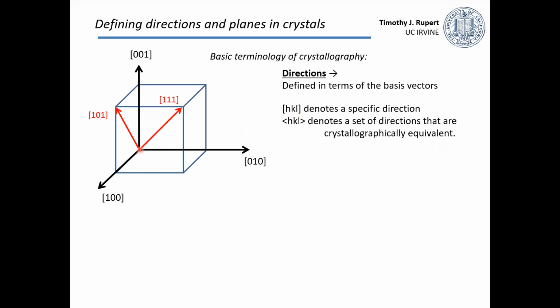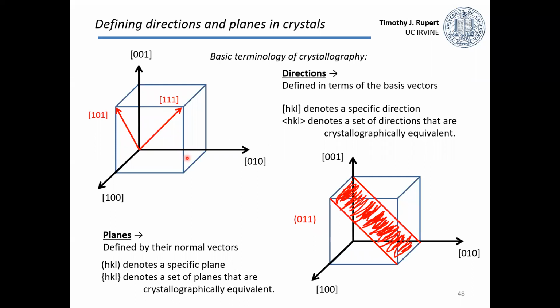If I move from the back left bottom corner to the front left bottom corner, I'm moving from one atom position to the next. That's physically the same as if I were to move from this position right here over to the right, because I'm moving from one atom to the next. Okay, so there's a 1, 0, 0 direction, there's a 0, 1, 0 direction, and there's also a 0, 0, 1 type direction. So it would be all the ones that move me between atoms in the same way.